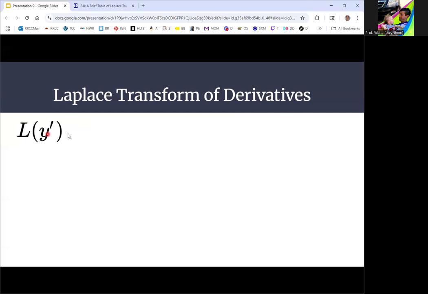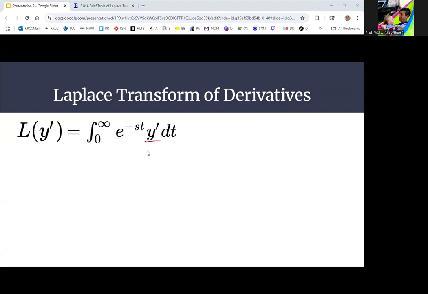So how do we take the Laplace transform of y prime? Well, we can use the definition, that formula, replacing the input function with y prime, we get this. And again, we'd want to take advantage of that integration by parts technique. However, here, we're going to want to integrate the y prime, since it's a derivative.